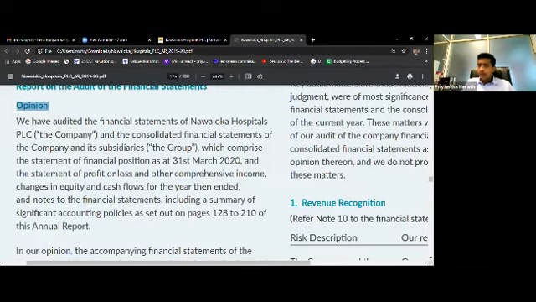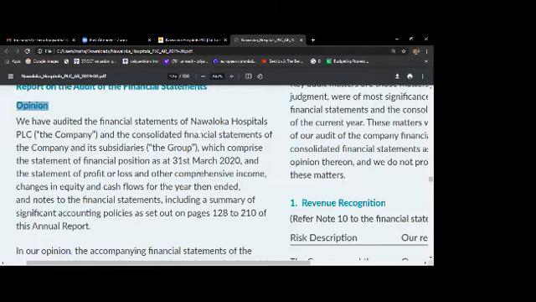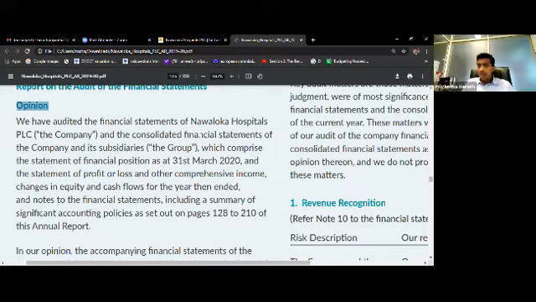What they audited? Financial statements. Remember, auditor audits financial statements, not the company. So we have audited the financial statements of Navaloka Hospital PLC, the company, and the consolidated financial statements of the company and its subsidiaries.